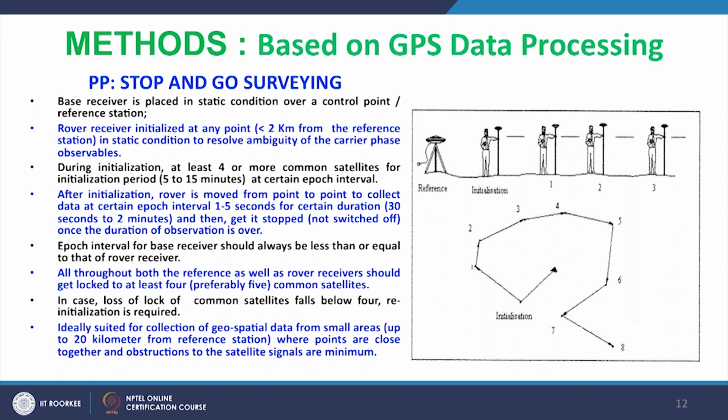Once it is done, the rover receiver is kept on the points whose position needs to be determined. After initialization, the receiver has to be kept on the first point. Once it is taken to that point, we place it on the point and data has to be collected, and once the data collection is over, it is stopped, and then we take it to the second position.